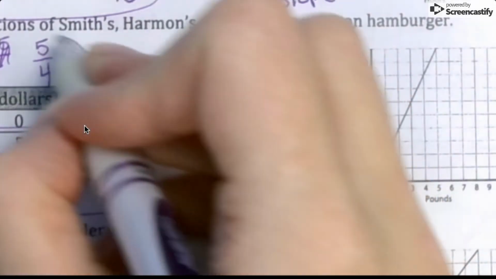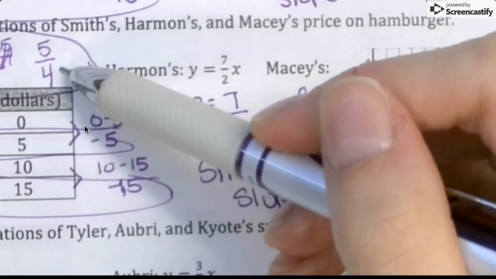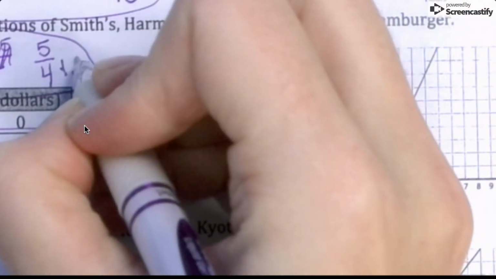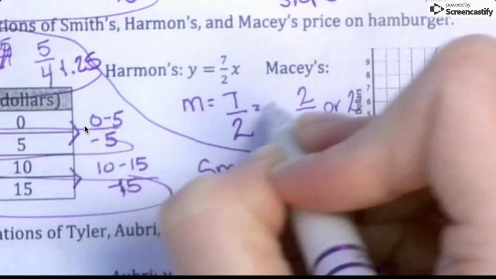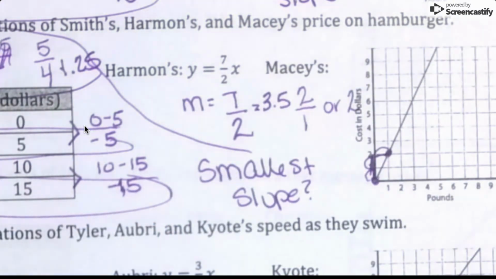It's going to be 5 over 4. If you are the person that can't compare those fractions, then what you could do is divide. Take the top number, divide by the bottom. This would be 1.25. This would be 3.5. And then that's obviously 2. Okay?